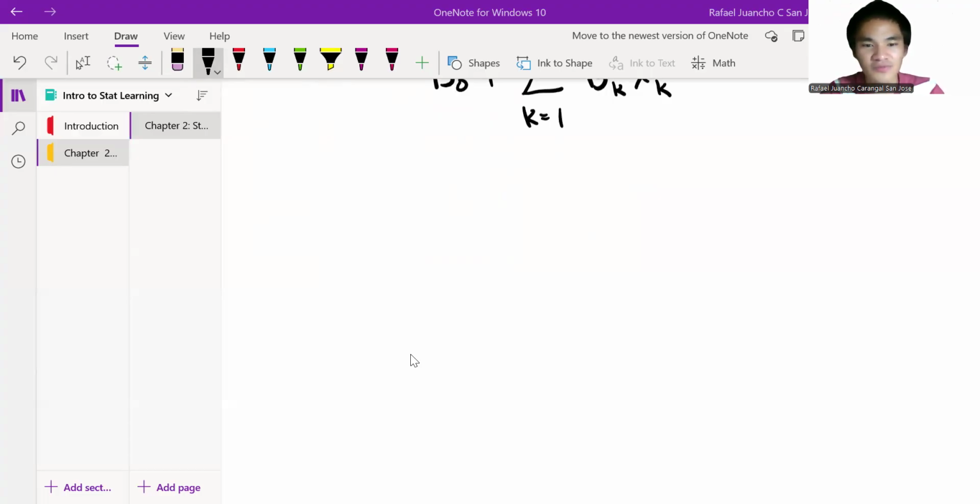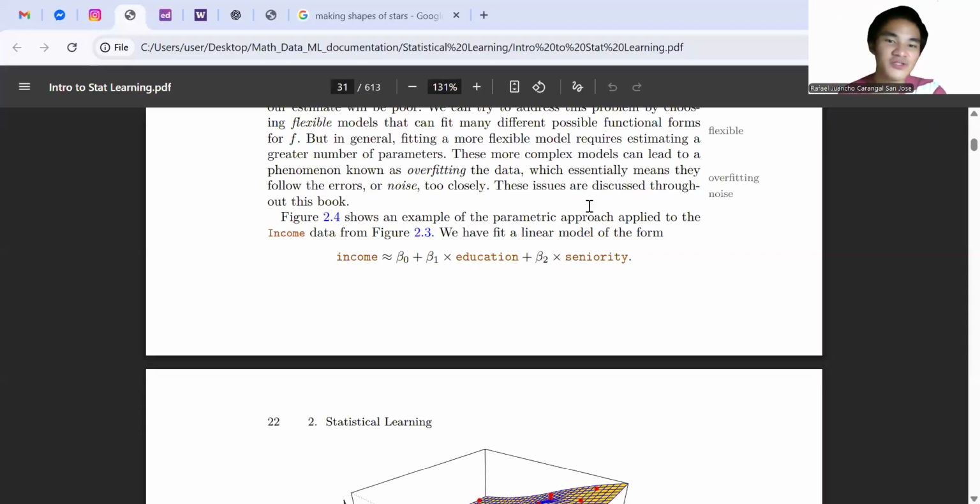Okay, let me go back to my shared screen. Figure 2.4 shows us an example of the parametric approach, and we apply this to the income data from figure 2.3, and we fit a linear model of the form: income, which is our response, equals b0 plus b1 times education.